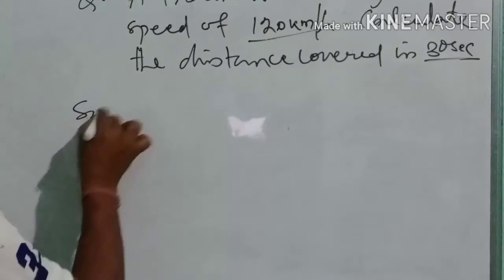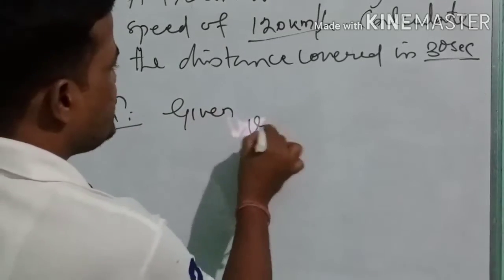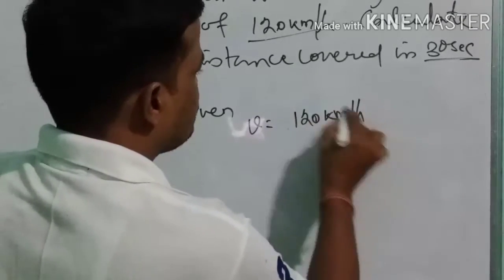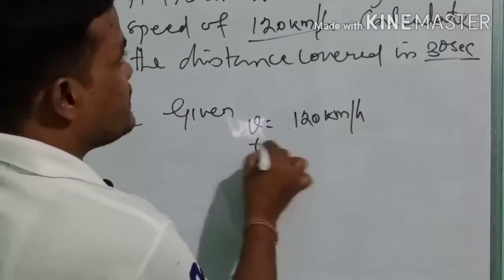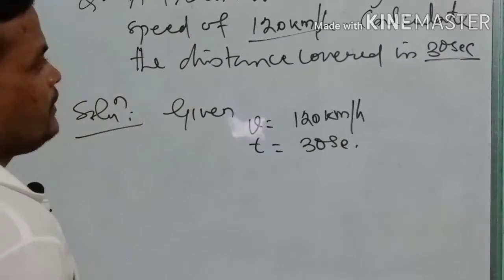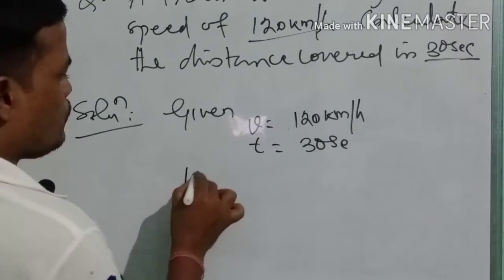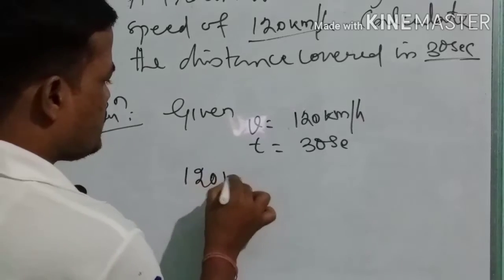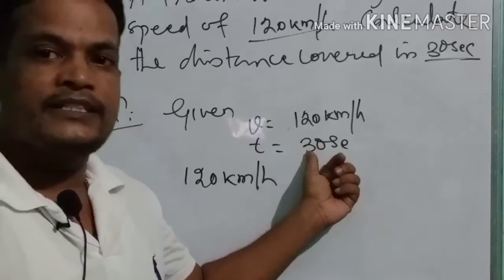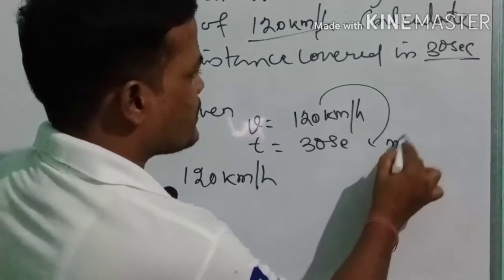So let us see what is given. Speed is equal to 120 km per hour. Time given is 30 seconds. As we are asked to find the distance covered in 30 seconds, we have to convert the kilometer per hour into meter per second.